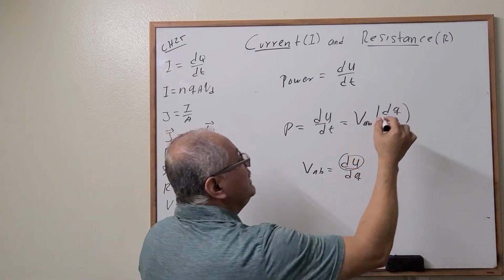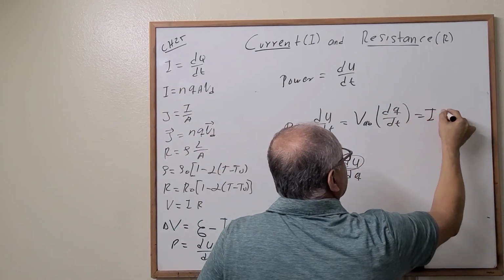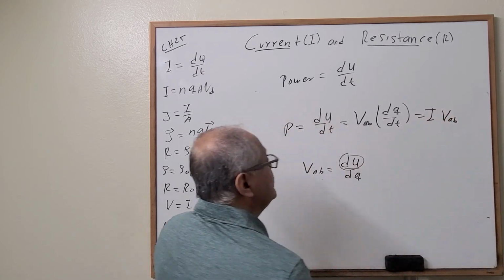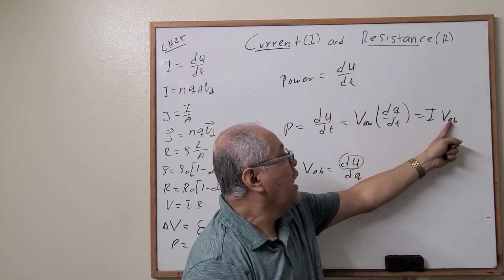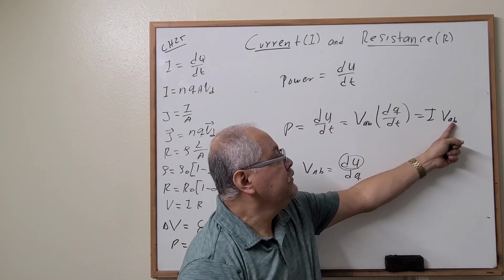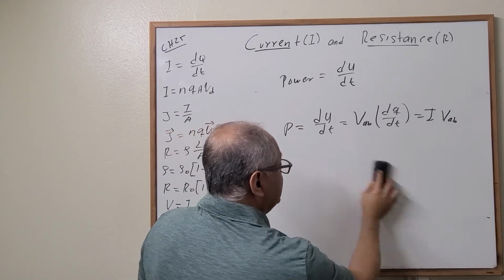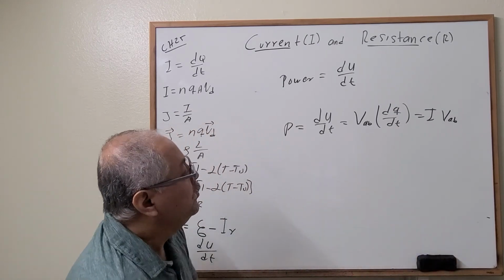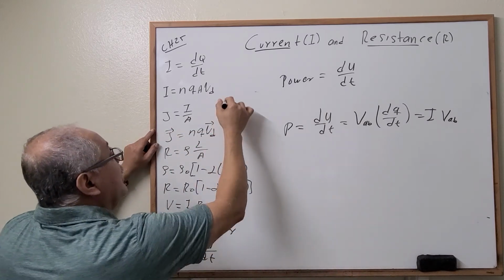But what is this? That's the definition for current. So it equals current times this potential difference or voltage at A with respect to B. Okay, perfect. So we have another equation for power.